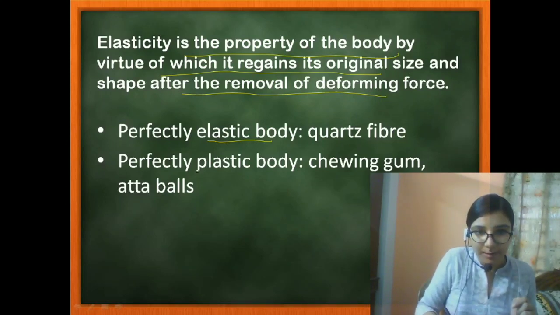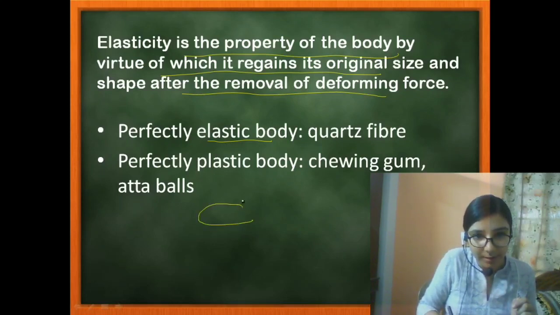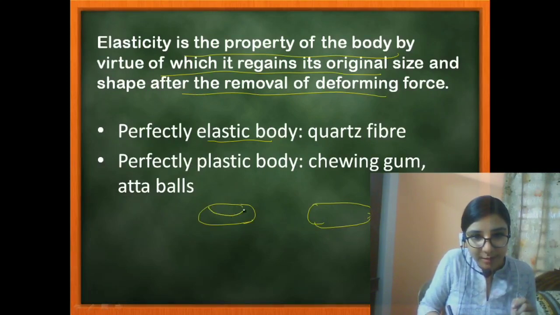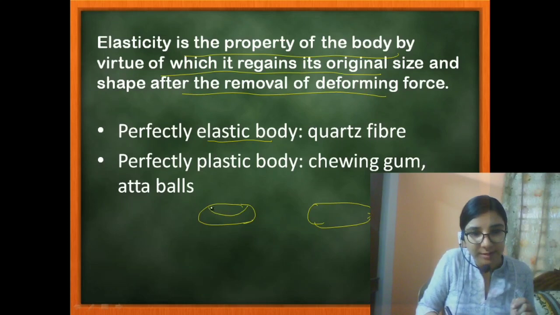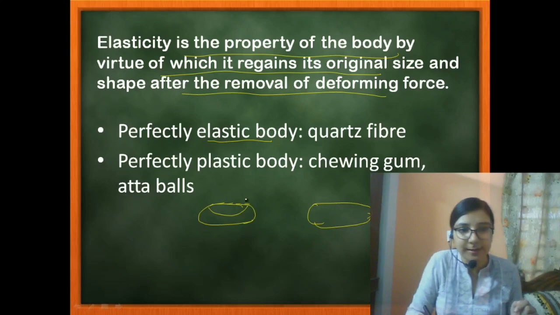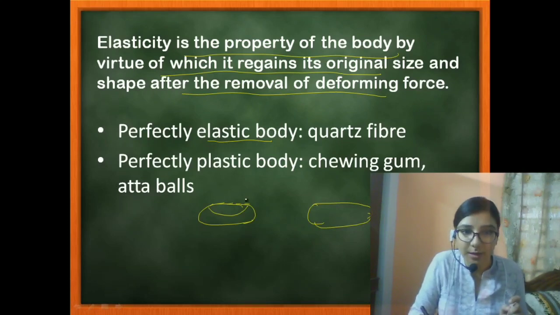Suppose we have one object here and another object here. Suppose if you apply the deforming force to this first object, suppose it gets squeezed in this way, its shape changes, and when we remove that force, suppose it will regain its original shape and size perfectly. Then that is called perfectly elastic body.